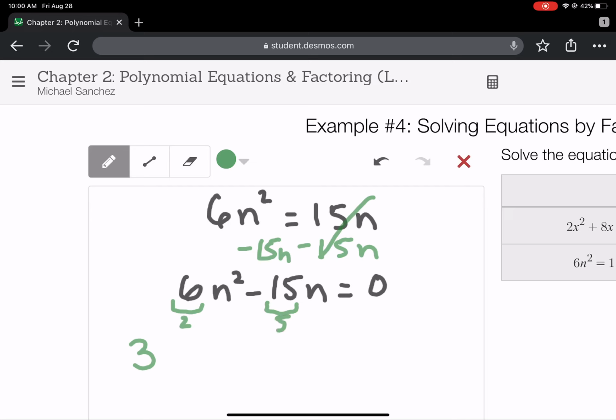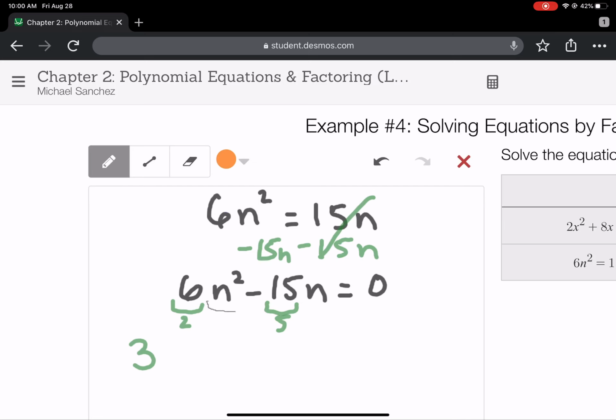So that works. Then I'm going to see if I can get a bigger number to work. What about 4? 4 doesn't work for either. 5 only works for 15. 6 times 1 is 6, but 6 times nothing gives me 15. So I think that 3 is going to be the largest number that we can factor out.